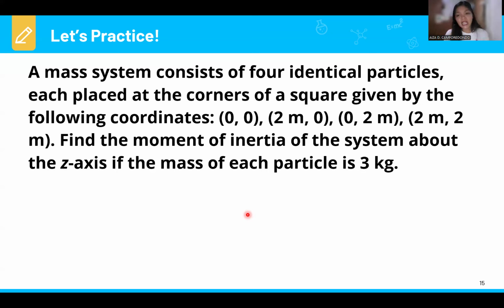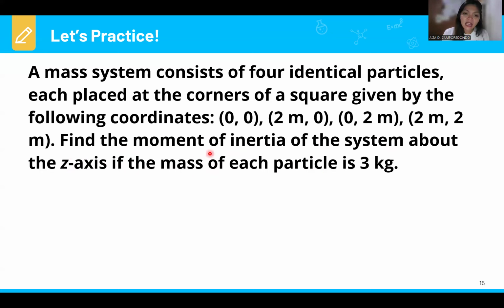Now, we need to find the moment of inertia of the system about the z-axis, if the mass of each particle is 3 kilograms. So, in the given, we need to list all the given values.